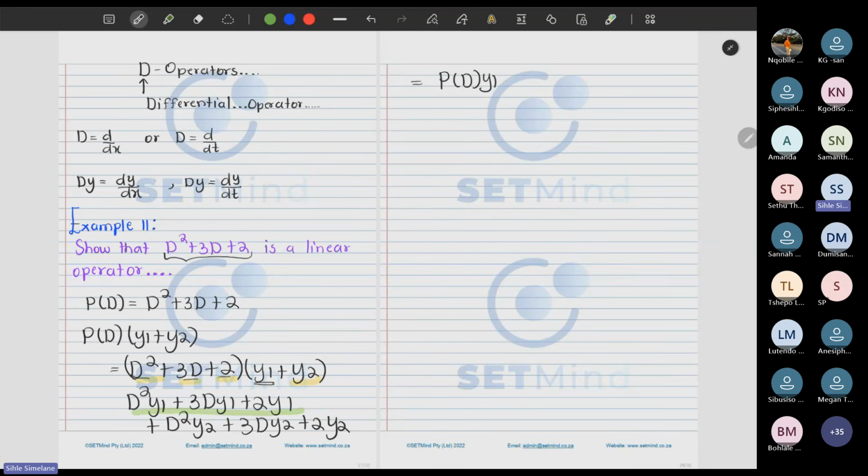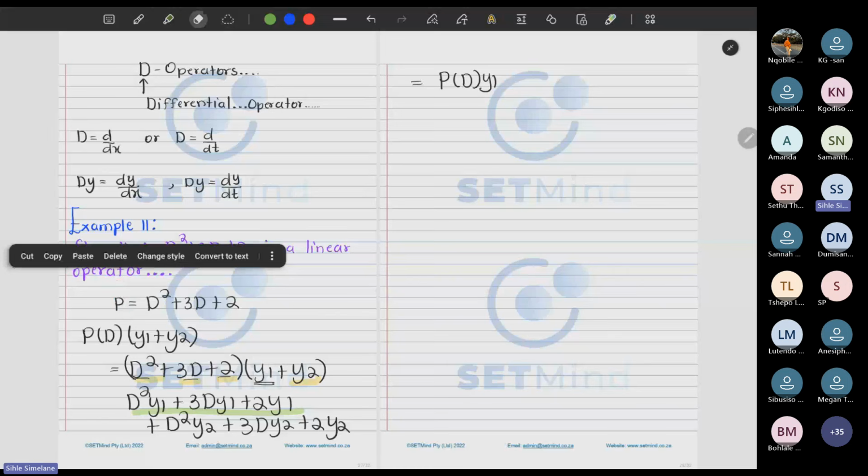Or if we were calling this, let's maybe just call it P so that maybe it looks a bit neat. Yeah, if we call it P only, then we can afford to do this. Let's call that operator P.